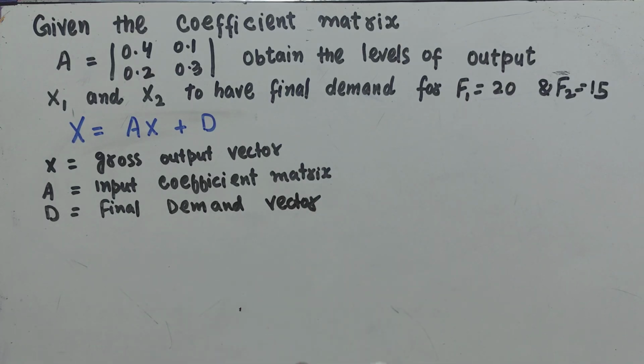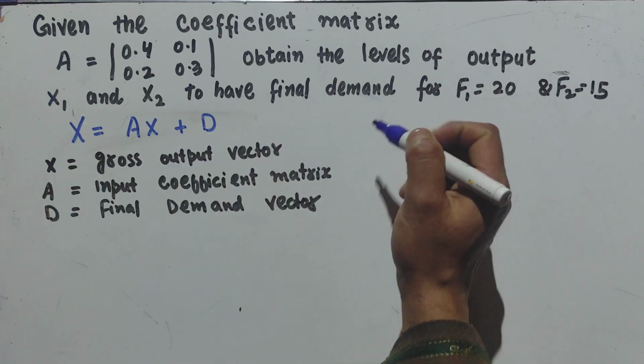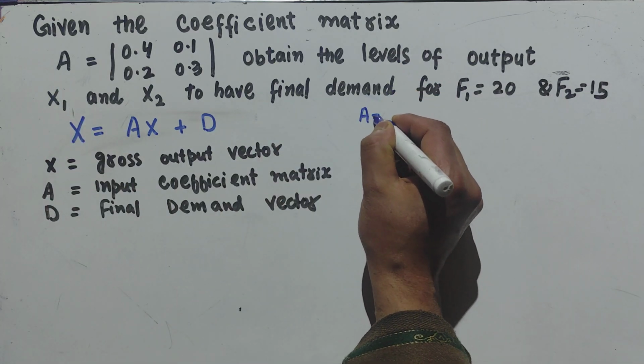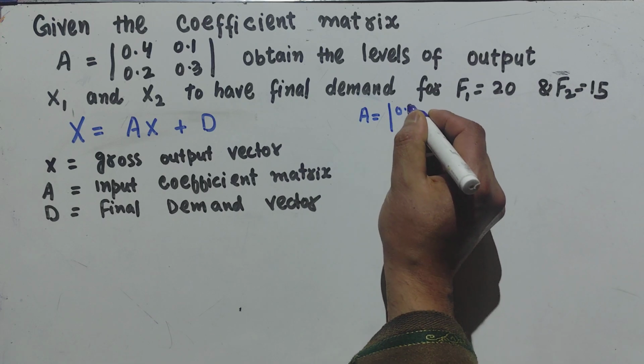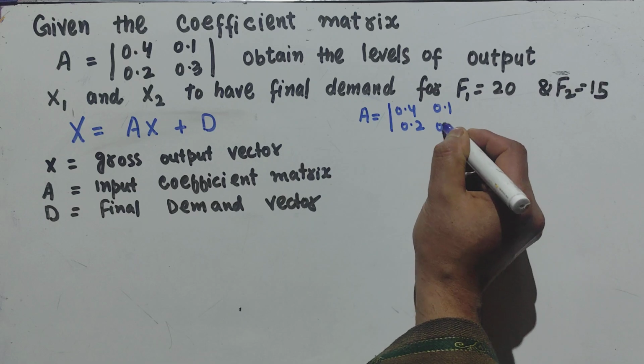Specifically, if I write it here, this A is the input coefficient matrix: 0.4, 0.2, 0.1 and 0.3.